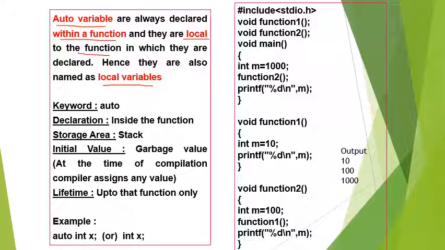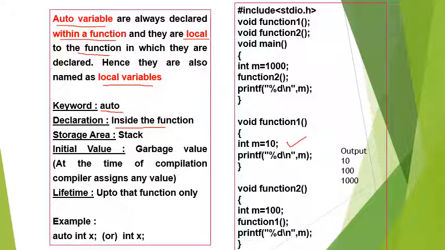Now the keyword used for the auto or local variable is auto, and the declaration will be inside a function. Here we can see it is declared inside a function: int m = 10. That is, the value of m is 10.